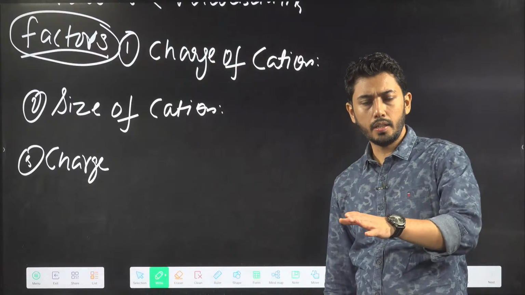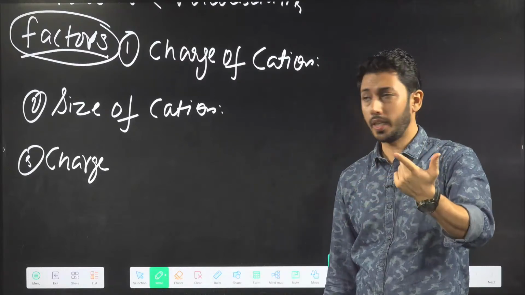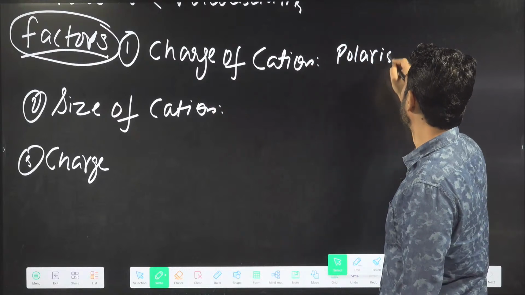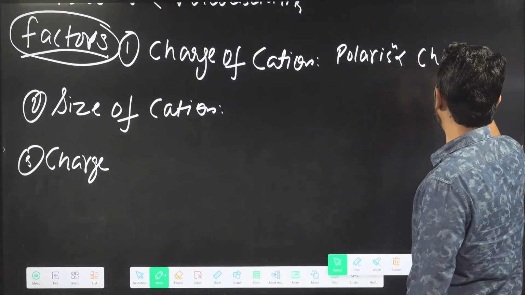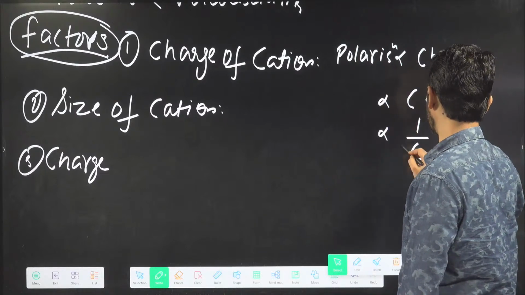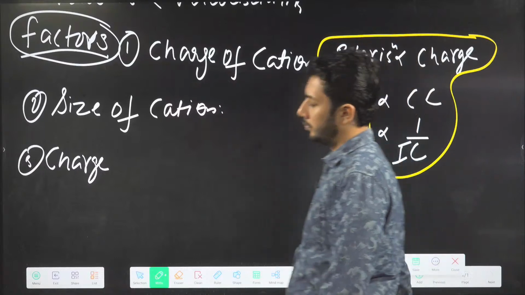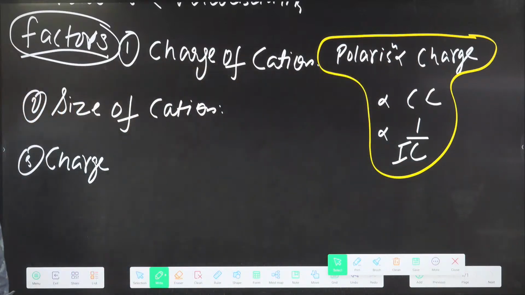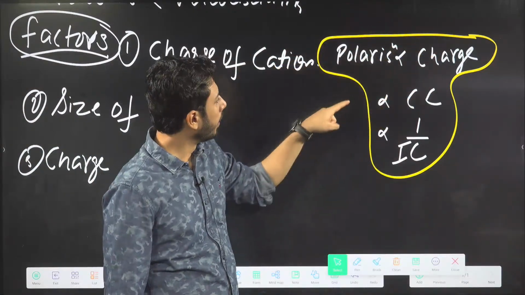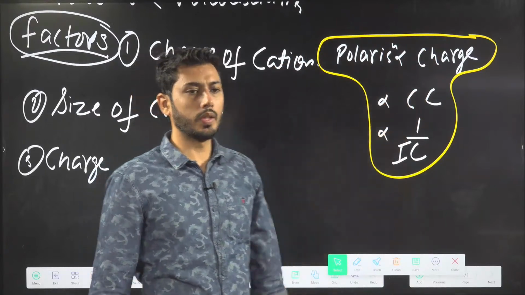More charge on the cation, more will be the polarization, more covalent character, or less will be ionic character. ठीक है, so write down that one here directly. Charge on cation में polarization is directly proportional to the charge of cation. So you can say directly proportional to the covalent character, inversely proportional to the ionic character.